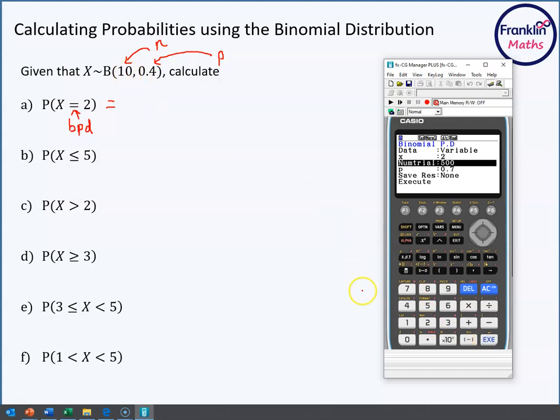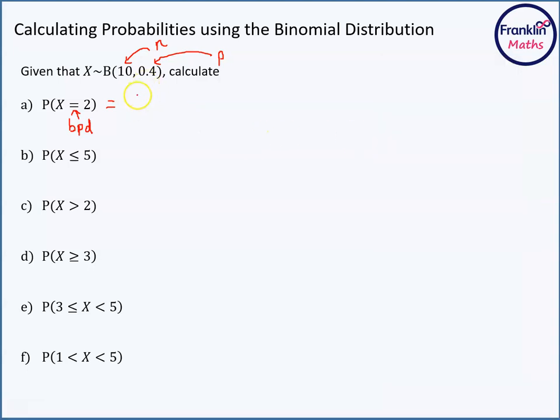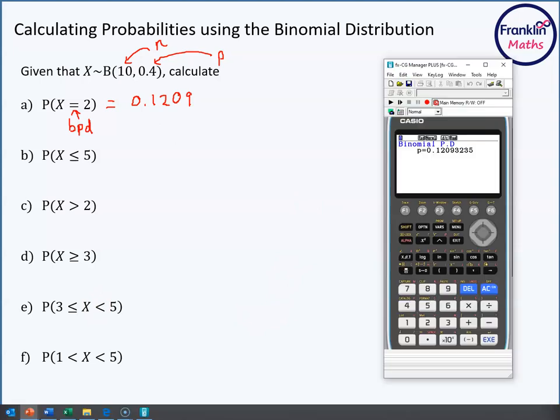The number of trials is 10, and the probability of success, in this case 0.4. Press the equals button. And there you go. 0.1209. As I say, armed with these new graphical calculators, really nice, easy to do.